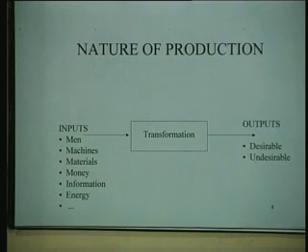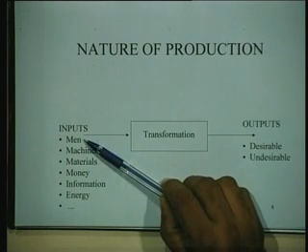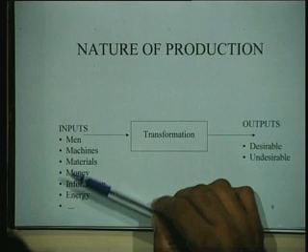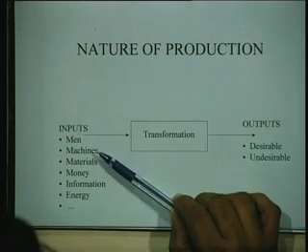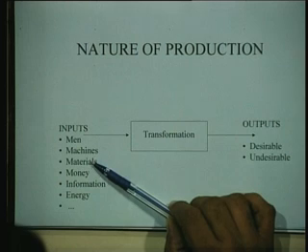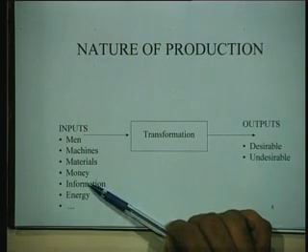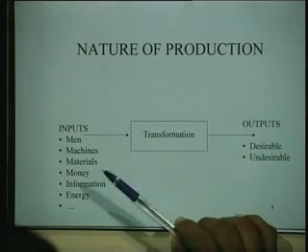Typically, these inputs are in the nature of manpower. You have manpower, no matter whether you are talking about manufacturing cars or a textile factory or anything, you will have to manage these kinds of inputs: manpower, machines, materials, money, information, energy typically, and many more inputs typically.